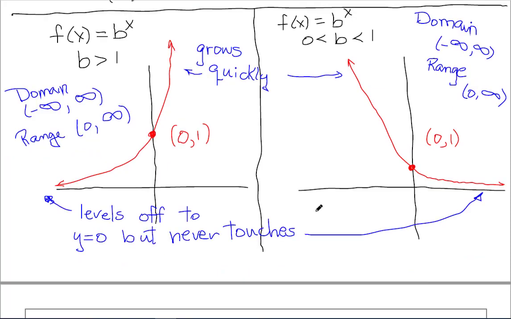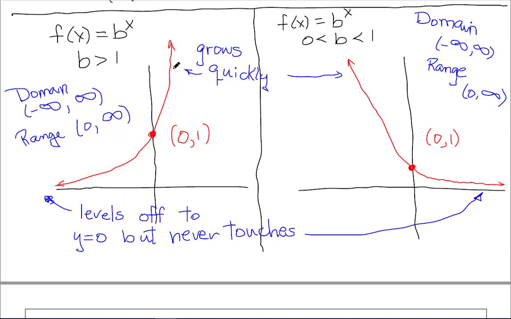Now, these things have a particular shape. And so if you have f of x is b to the x, and your b is bigger than 1, any b bigger than 1, it basically has this kind of a shape. Always crosses at 0, 1.